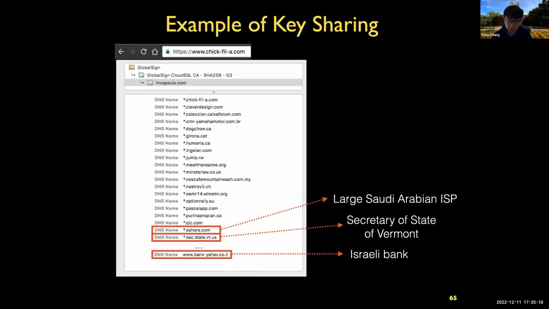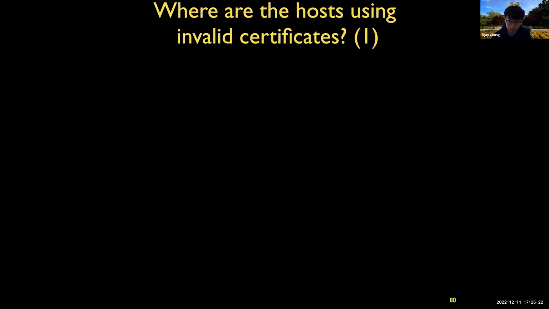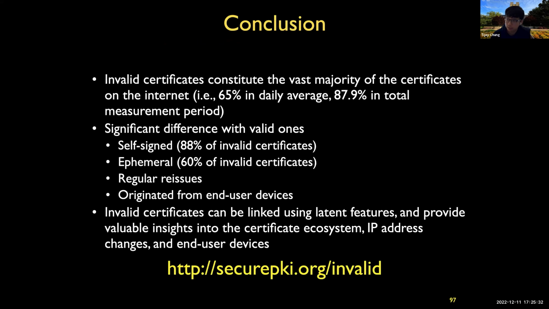So this was the quick takeaway of this research work. And invalid certificates exist because certificates were costly at the time, so many people decided to use invalid certificates, basically self-signing the certificate. And because most end user IoT devices do not have a domain name, they use an IP address as the common name, and IP addresses change every day.